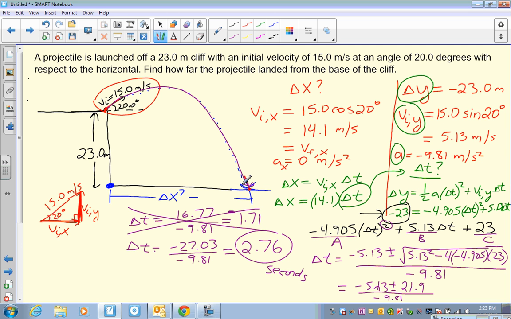Well, if we want to figure out delta x, we can go right back to this equation that had delta t in it, and all you have to do is multiply 14.1 times 2.76, and you end up getting 38.9 meters per second. Or sorry, not meters per second. I apologize.